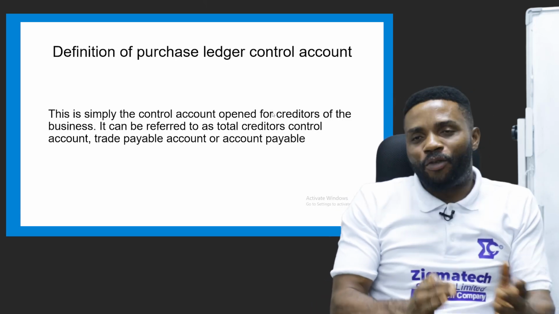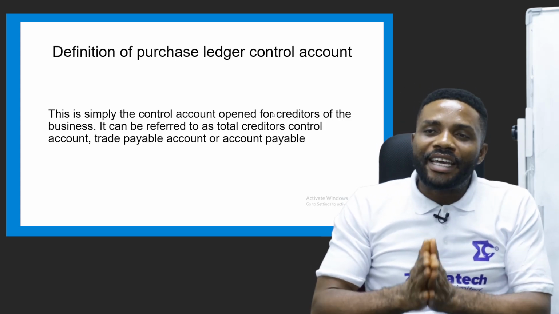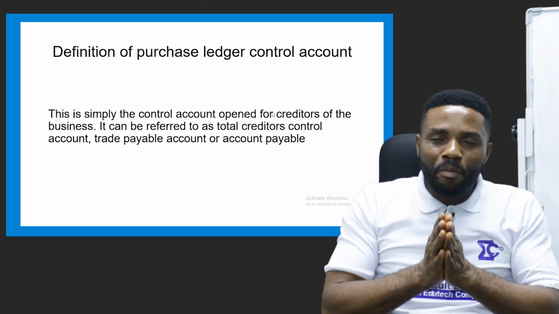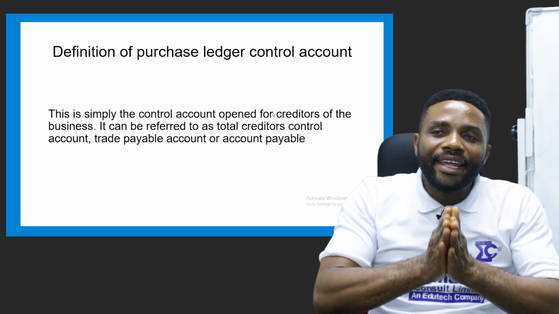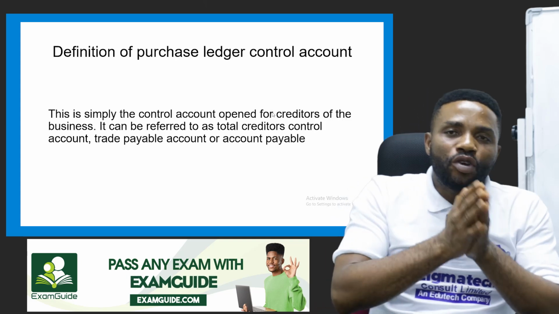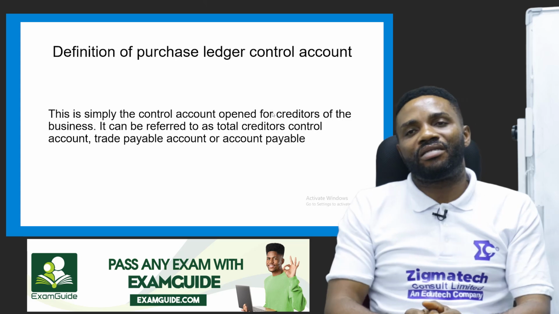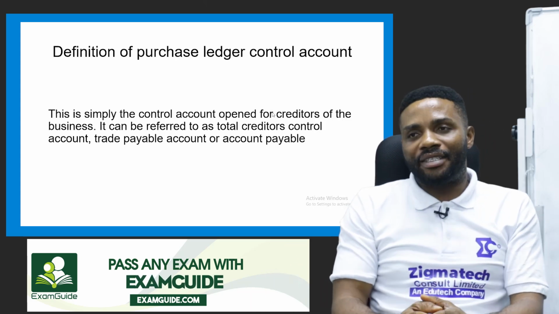Let's start from there before we look at the second part of the definition. A creditor is somebody that we, the business, have gone to buy an item, goods or product from without making payments. Or simply put, creditors are our suppliers.